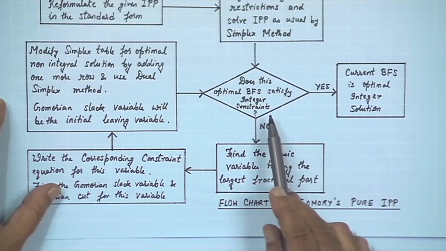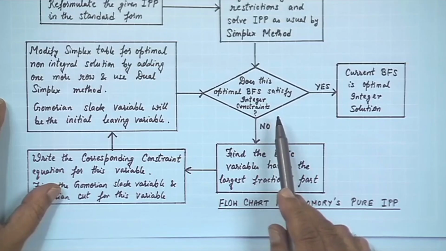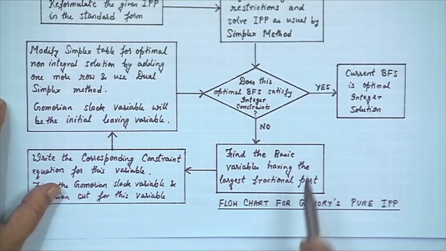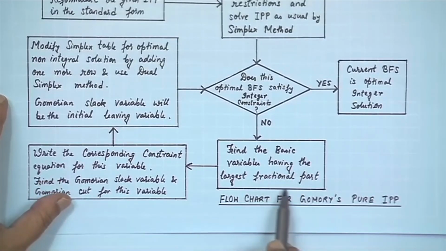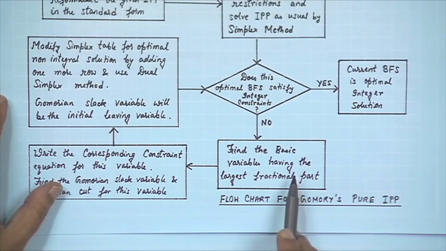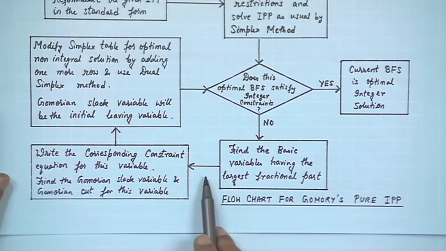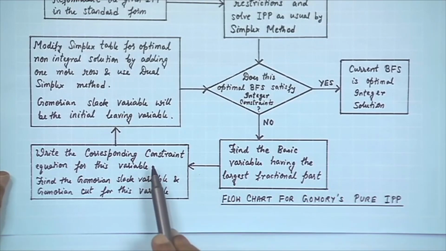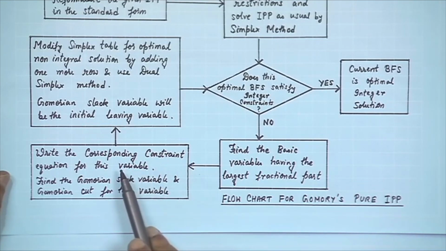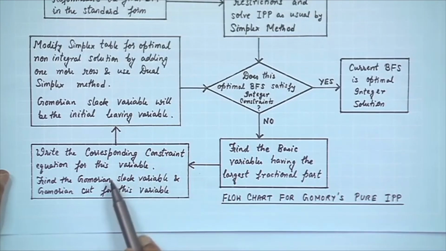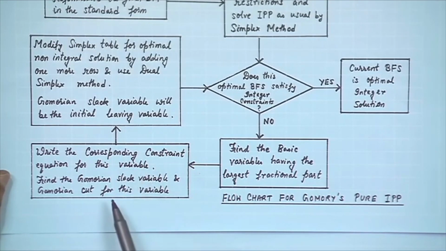Now, if the current optimal BFS does not satisfy the integer constraint, then find the basic variable having the largest fractional part. Please note this one. Once you have obtained the largest fractional part, then use the corresponding Gomorian constraint equation for this variable, which I have written. Write the corresponding constraint equation for this variable.